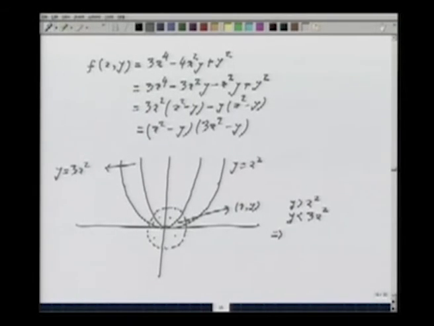This then would imply that x square minus y is less than 0 and 3x square minus y is bigger than 0. This would imply then that f of xy, which is product of this, one is positive, other is negative, is less than 0. But notice this 0 is actually f at 0, 0. So I get a point in the disk where f of xy is less than f of 0, 0.